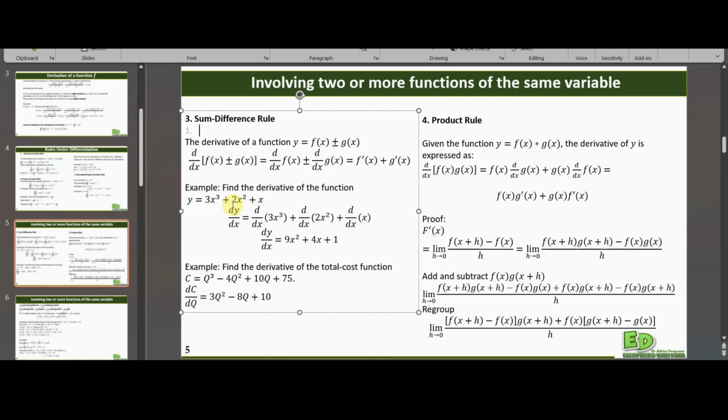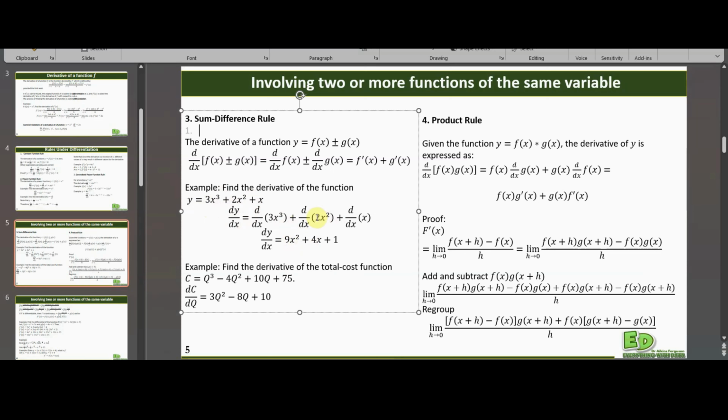So we say dy over dx. Then we'll differentiate the first function. Multiply the coefficient of 3 by the power of 3, that will give us 9, right? Reduce the power of 3 by 1, that will give us 2. So the differential of 3x cubed is what? 9x squared. Then plus the differential of 2x squared.